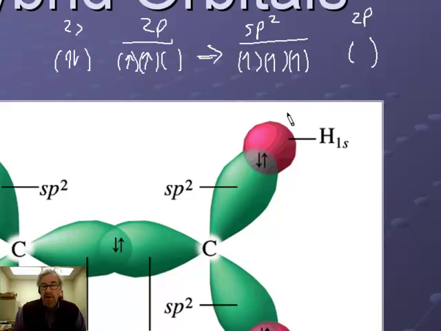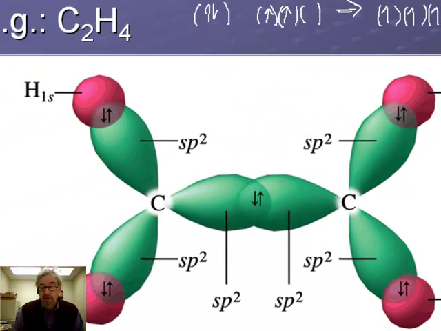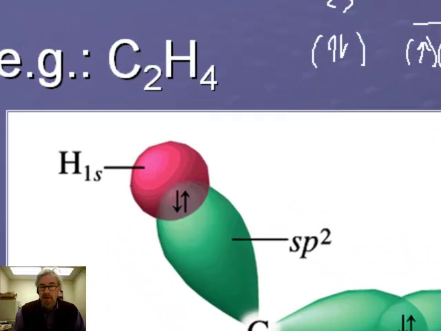And since there are four of them, that means apparently there must be another electron in this 2p, which is half occupied. Now, if you draw the Lewis structure for C2H4, you realize that it's double bonded. We are only showing one bond between the two carbons. That unhybridized p, you might be getting the clue, has something to do with multiple bonds. We'll see more of that later.